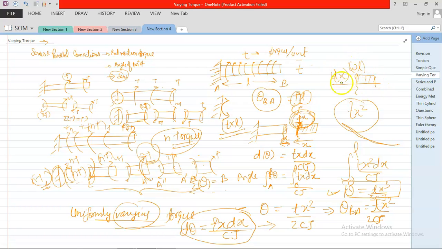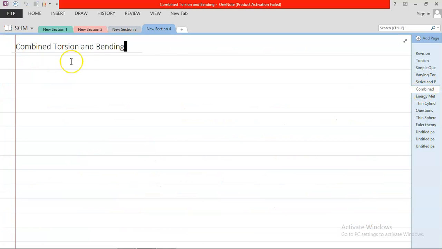So it is like a uniformly distributed load where the load is applied. When you sum up the load at the end, it will be W into L. So it is like that, T into x. Now with the torque portion I am over.